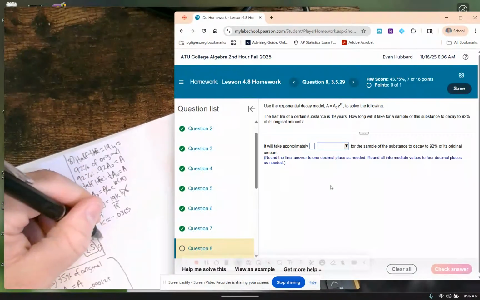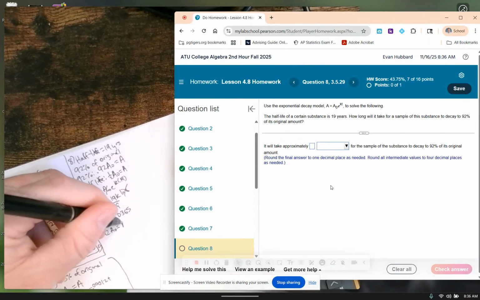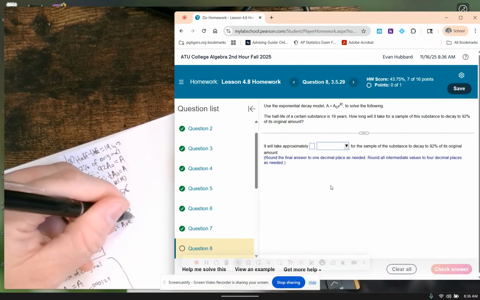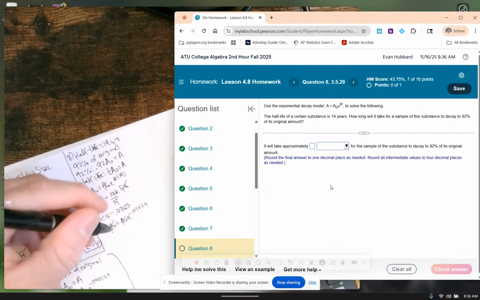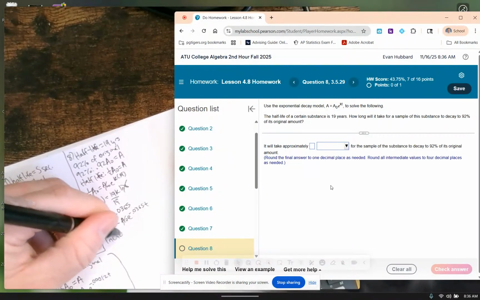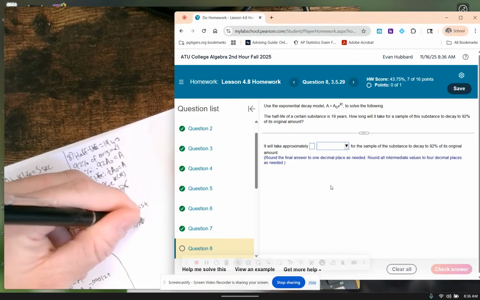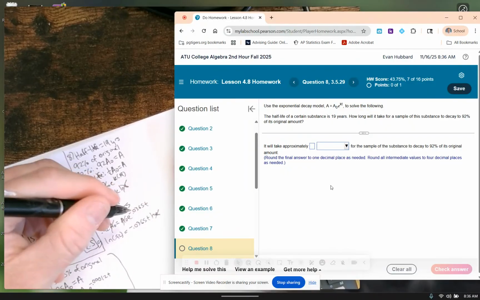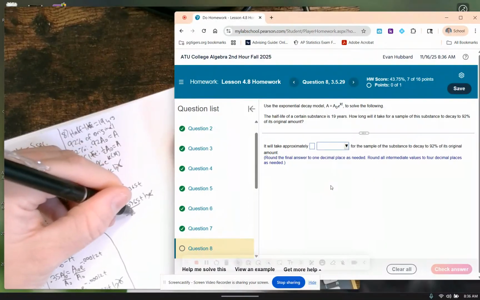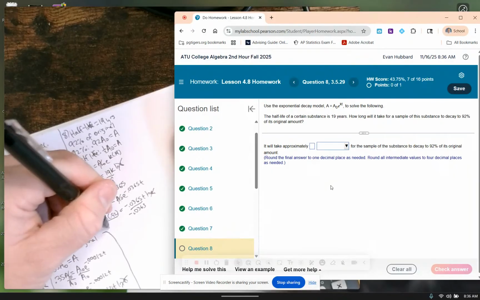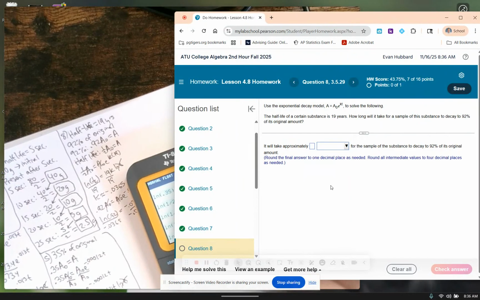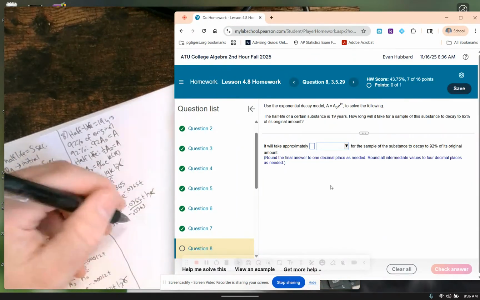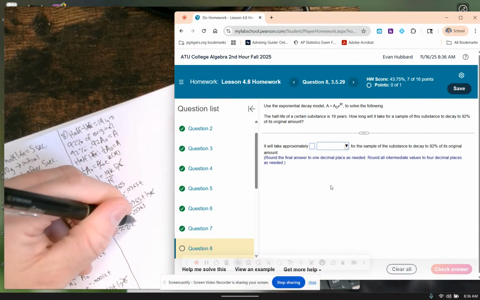So now we're going to do 0.92 A naught equal to A naught E to the negative 0.0365 times T. Those cancel, and I'm going to do the ln of 0.92 equals negative 0.0365 T. Divided by negative 0.0365, so ln 0.92 divided by negative 0.0365, and so T equals 2.28 years.